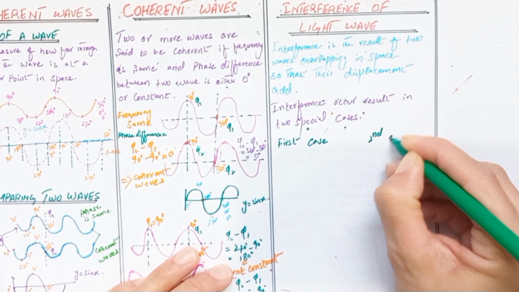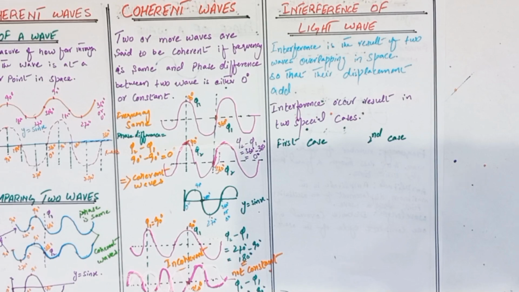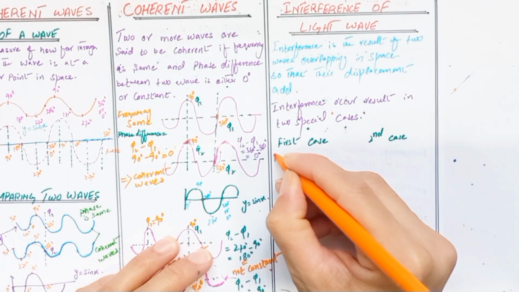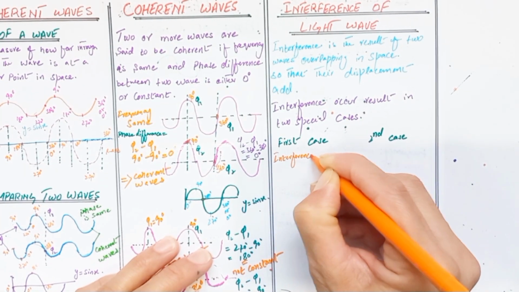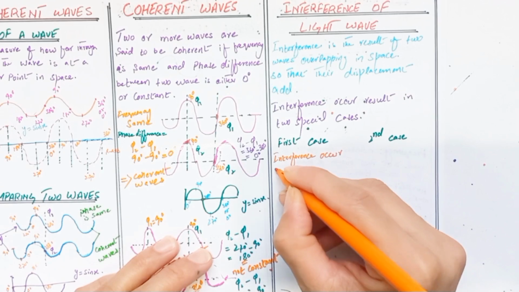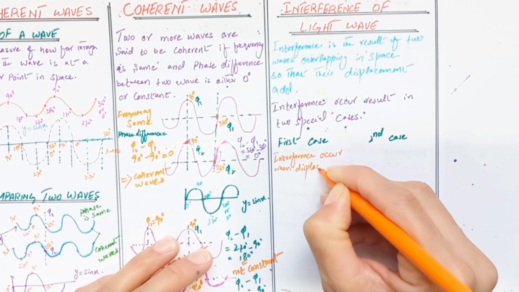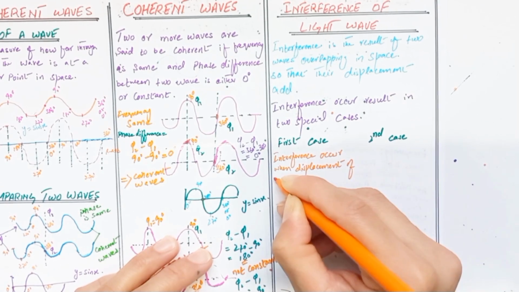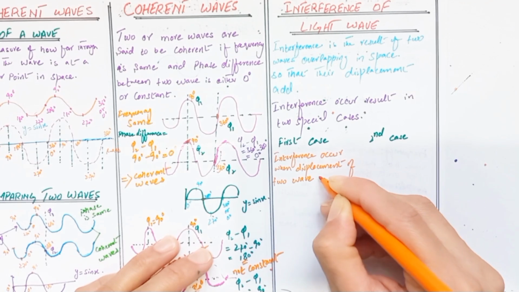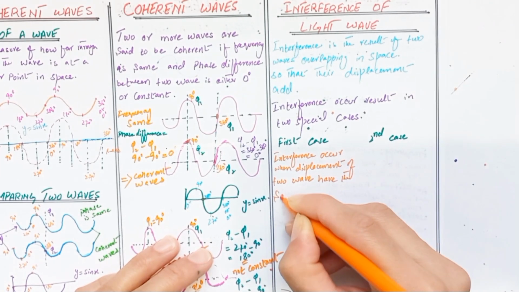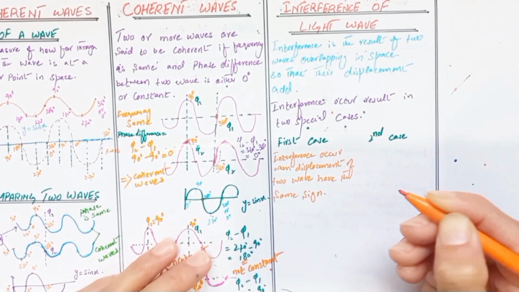In the first case, interference occurs when the displacements of the two waves have the same sign.